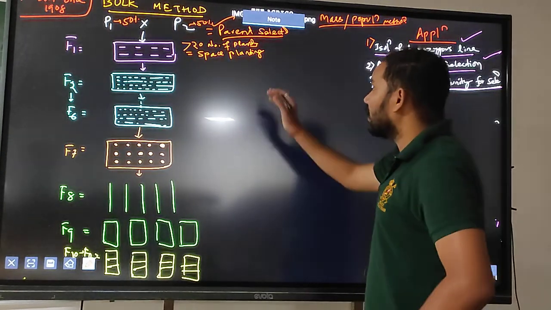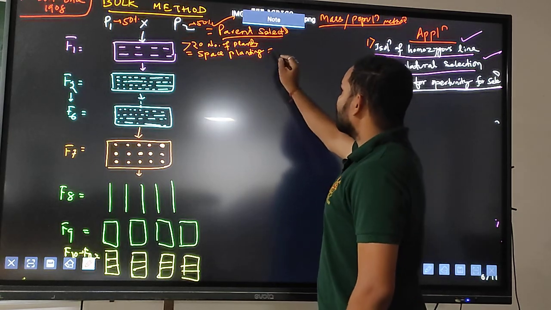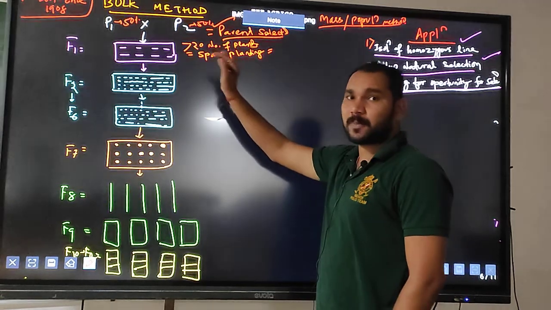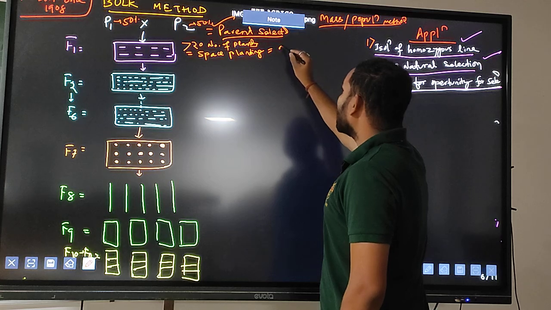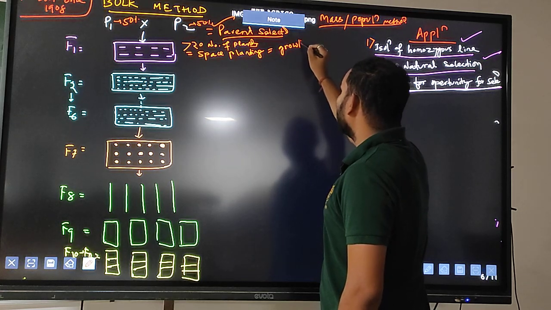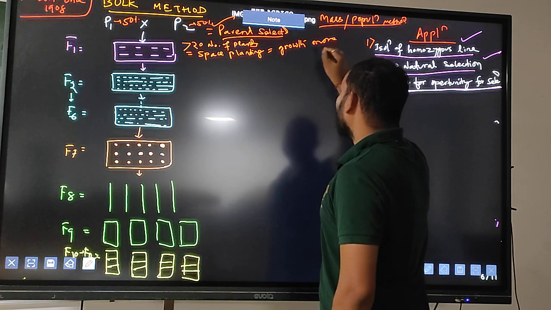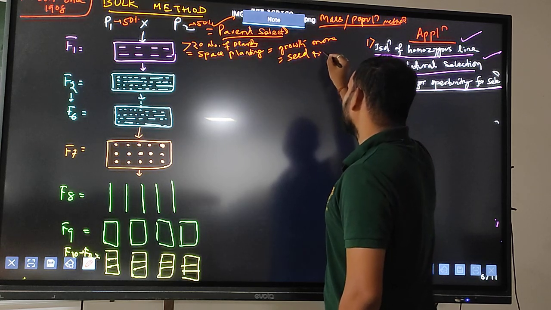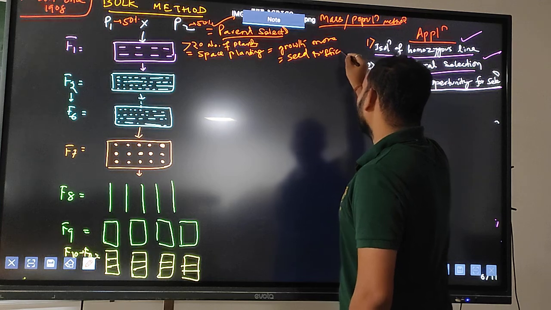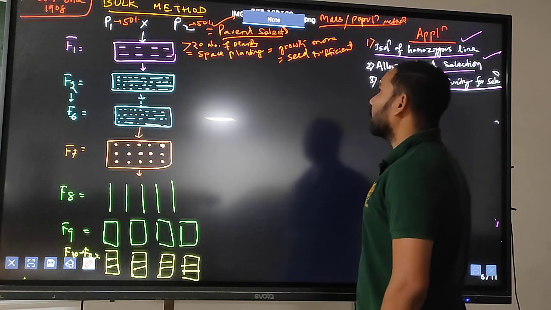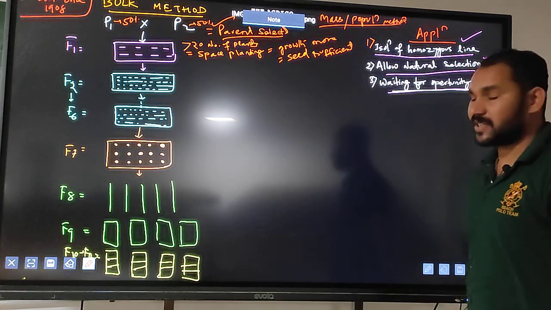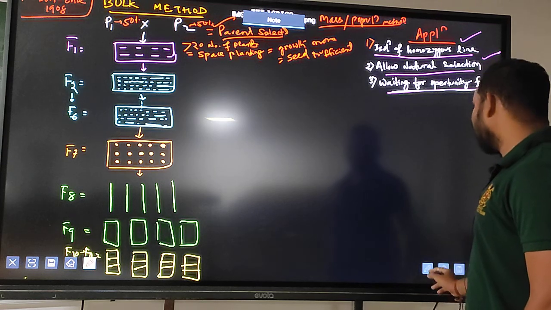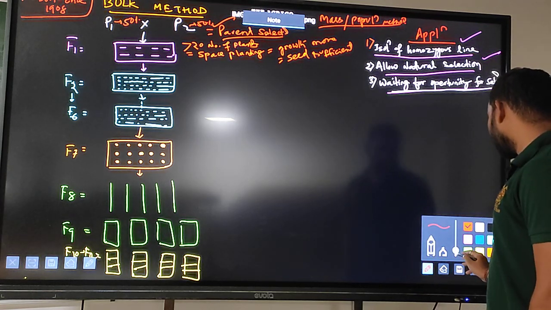If I go for space planting, then the individual growth of the plant will be more. If the growth of the plant is more, then sufficient seed will be produced, so that we can go for the further generation. So this is the basic thing. Okay.